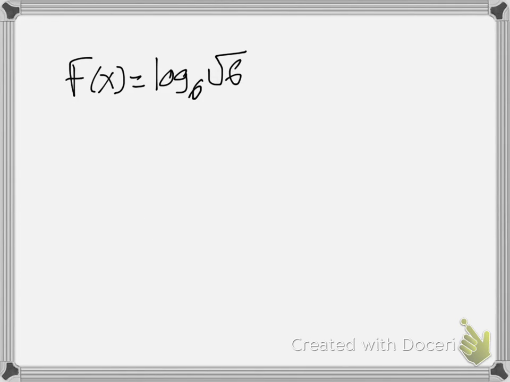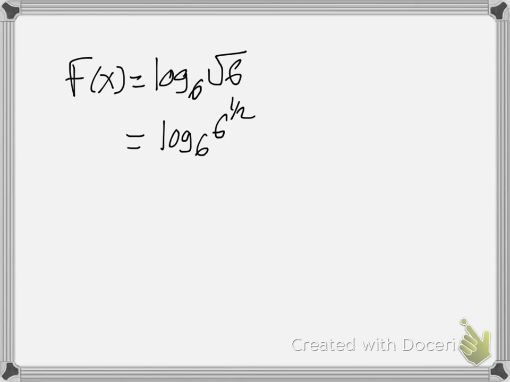Okay, another one where I asked for showing your steps to get full credit and no calculator allowed, and yet I still got people trying to give me some sort of decimal answer here and stuff like that. I just don't understand. Okay, first thing that I would do is I would rewrite this as log base 6 of 6 to the 1/2 power.